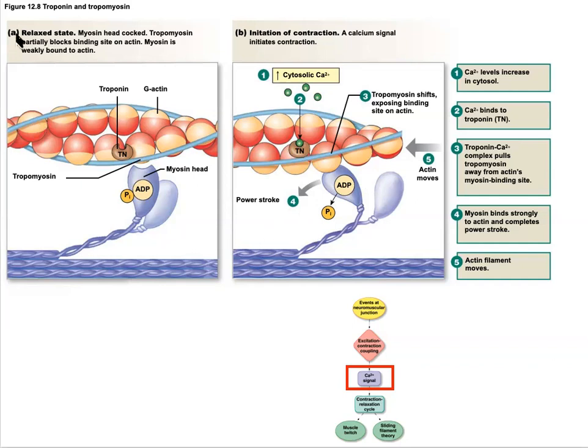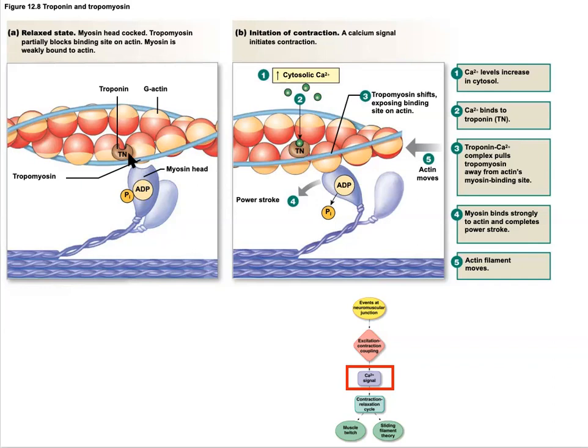During the relaxation phase, on the other hand, calcium is pumped back into the sarcoplasmic reticulum. With the drop in cytosolic calcium, calcium unbinds from troponin, and tropomyosin again covers up the myosin binding site on actin.